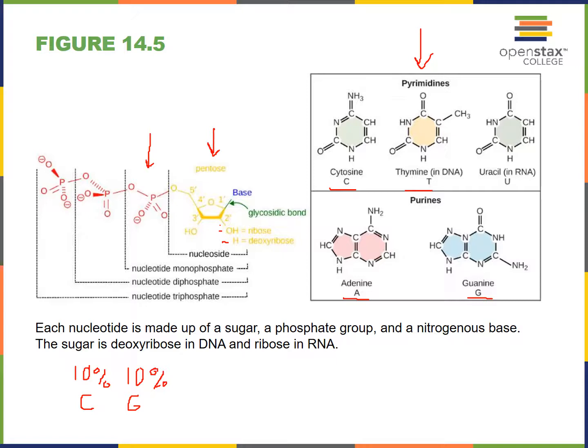And the cool thing about percents is they add up to 100. So if cytosine and guanine only add up to 20%, 10 plus 10, we know the adenine plus thymine has to make up the other 80%. But since adenine equals thymine, that means each has to equal 40%.